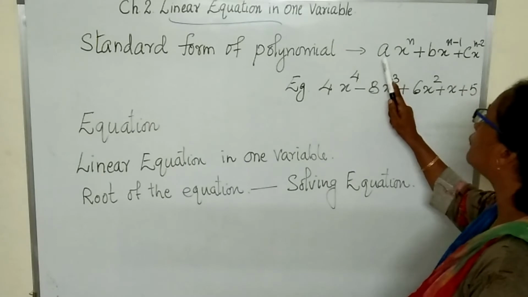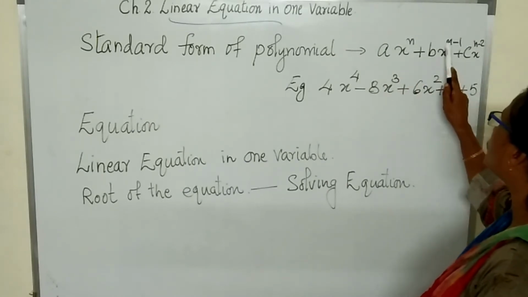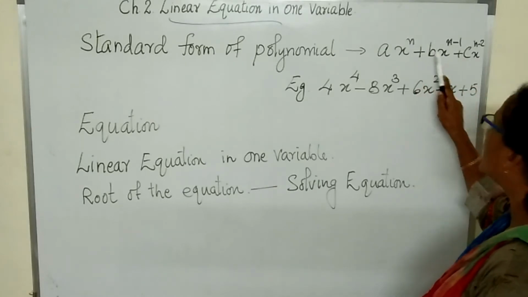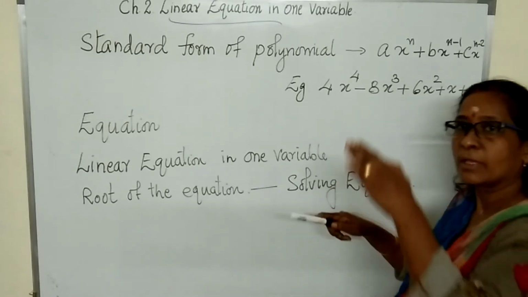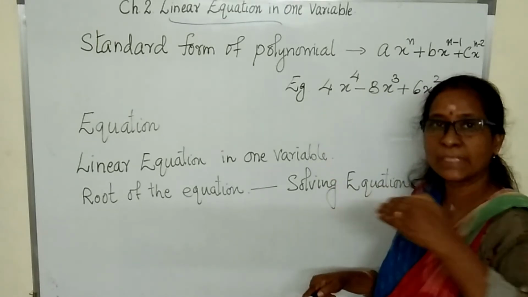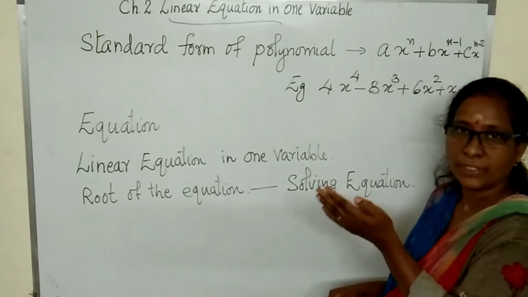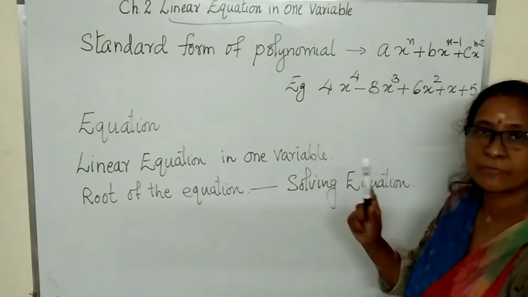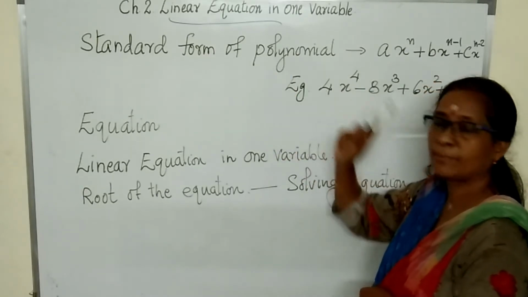For example, if you write ax raised to n plus bx raised to n minus 1, that is, it is decreasing. cx raised to n minus 2, the power of x becomes lesser and lesser, or it can be increasing. Okay. Such way of writing the polynomial is called the standard form of the polynomial.